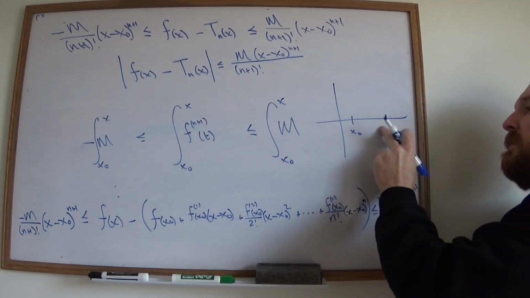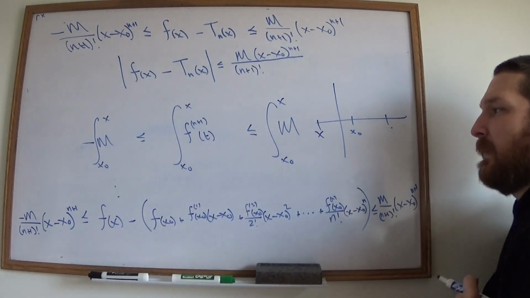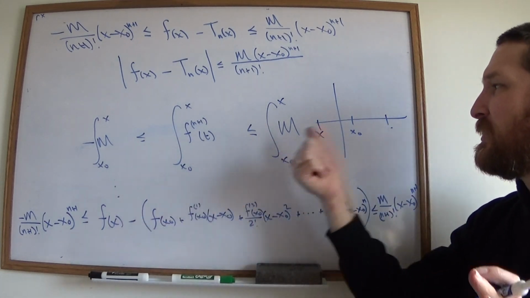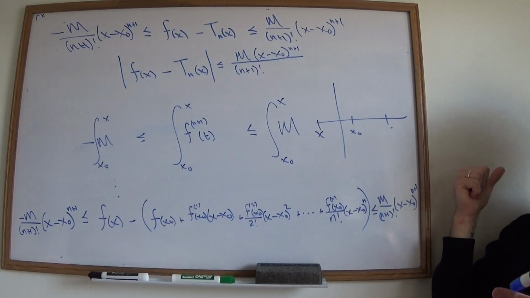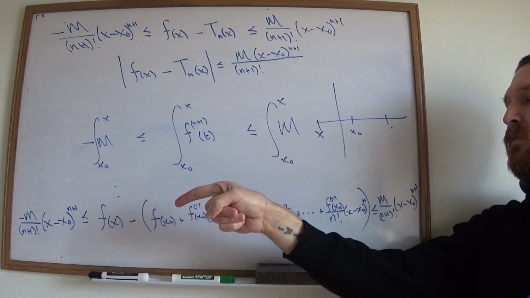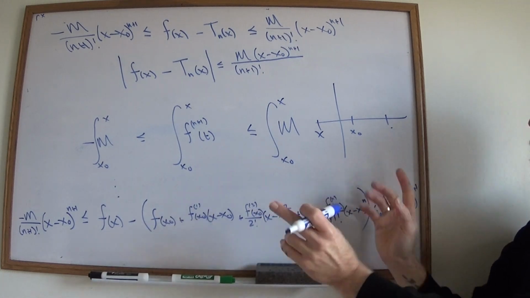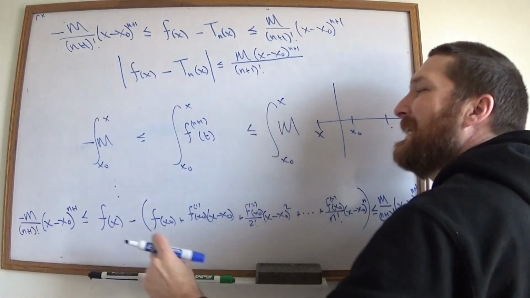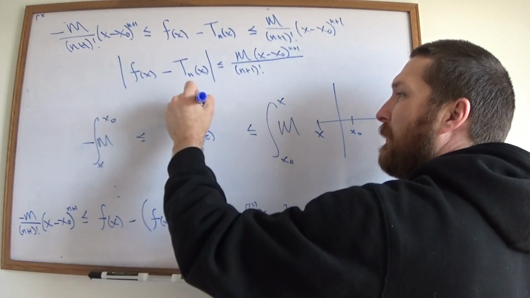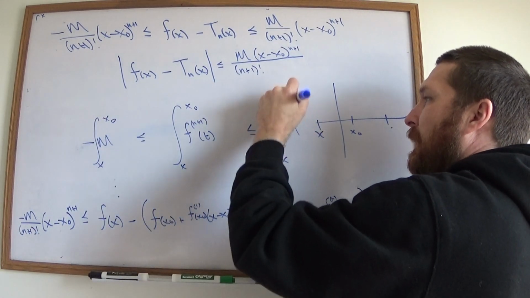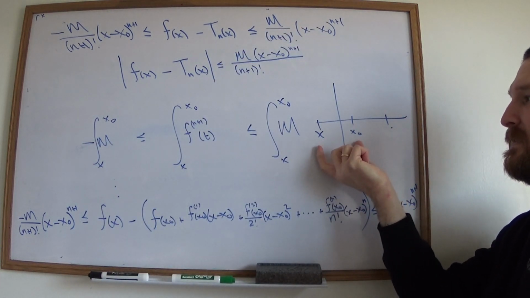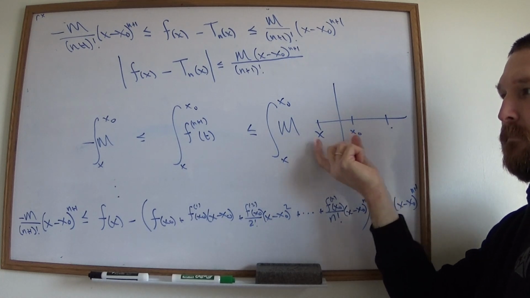But if I had drawn this differently, like that, and this is what we want. We want it to be true if you take x to be on the left-hand side of x0 too. But if I had done that, then I would have needed to integrate it the right way. I would have to go from x up to x0, right? And then each one of these delta x's would be a positive number, right?